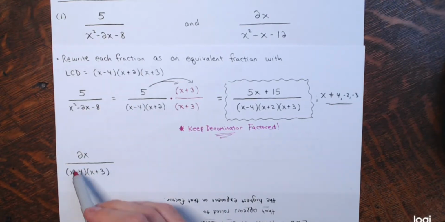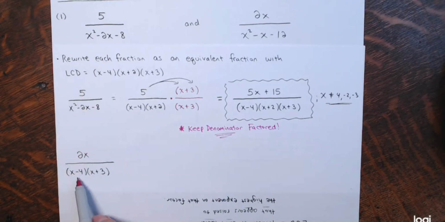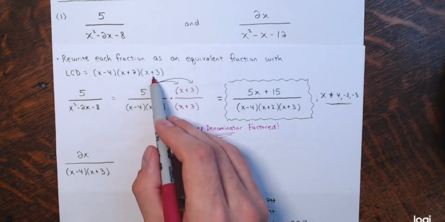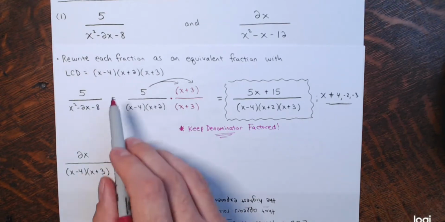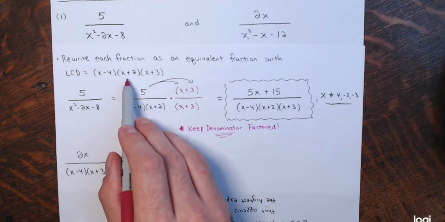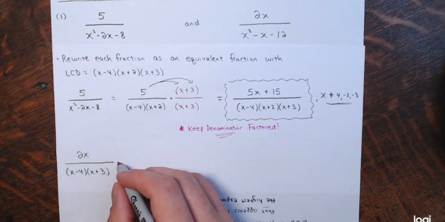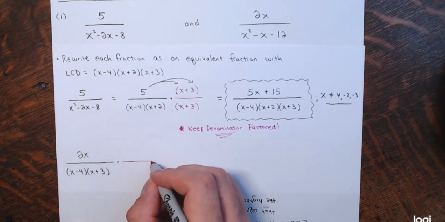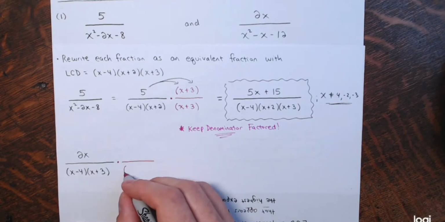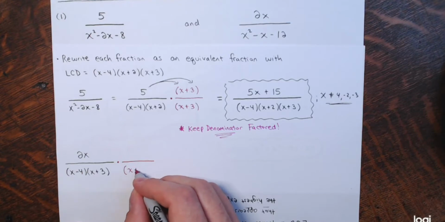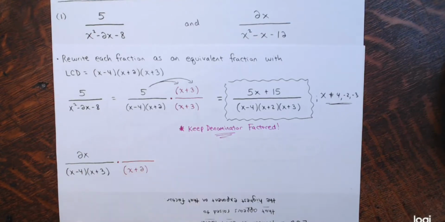We've got a factor of x minus 4, great. There's a factor of x plus 3, wonderful. The only factor missing is x plus 2. So to make this into an equivalent fraction with the denominator of the LCD, I need to multiply the denominator by the factor x plus 2.